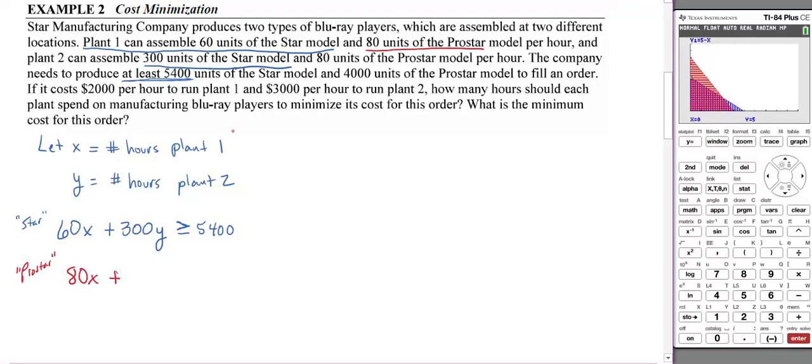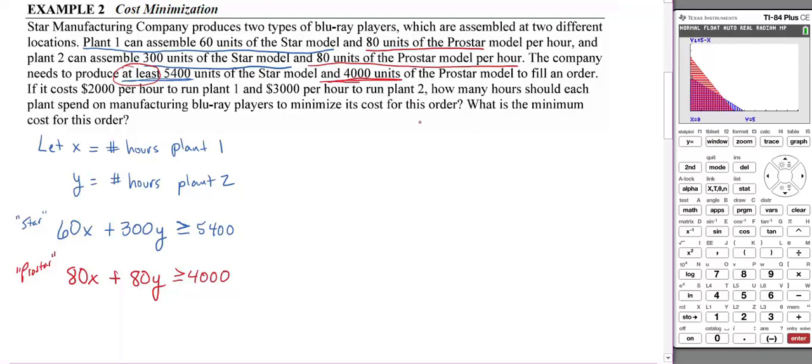And we can add that to 80 units of the Pro Star model per hour for the second plant. So that'd be 80 times however many hours they operate. And they need to make at least, again, at least 4,000 units of the Pro Star model. So greater than or equal to 4,000 units.